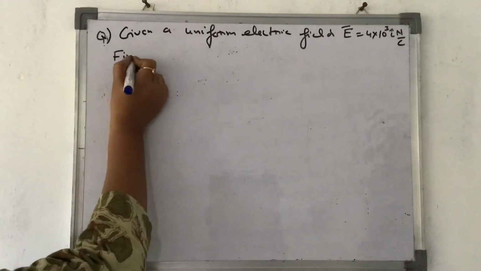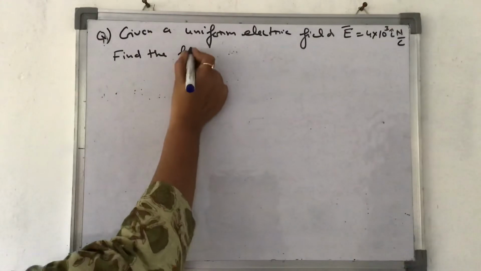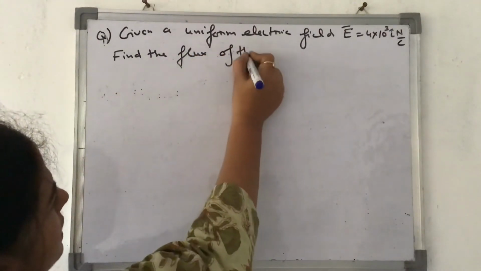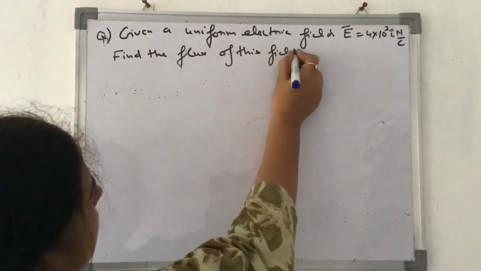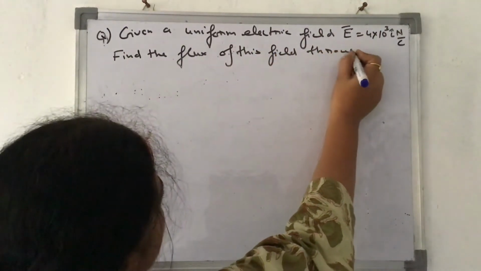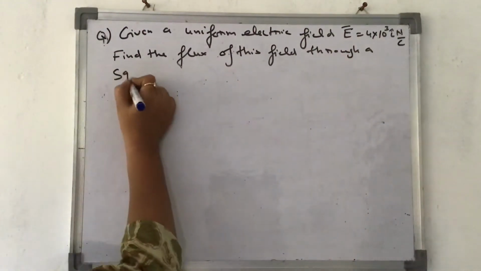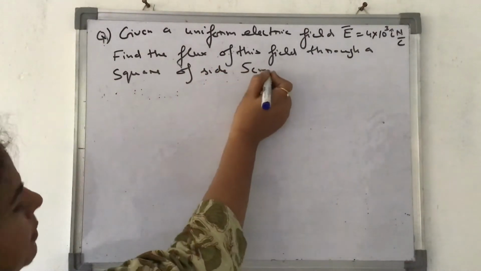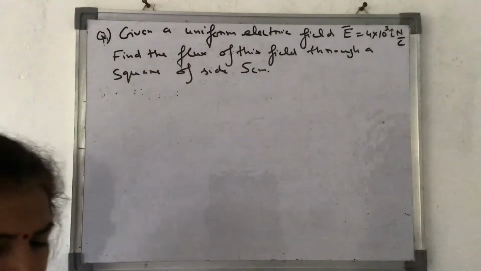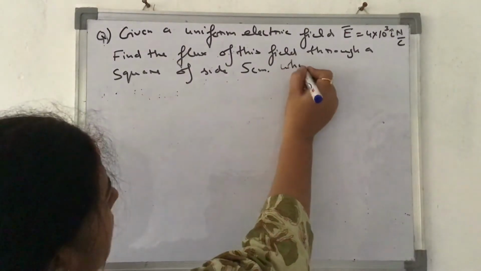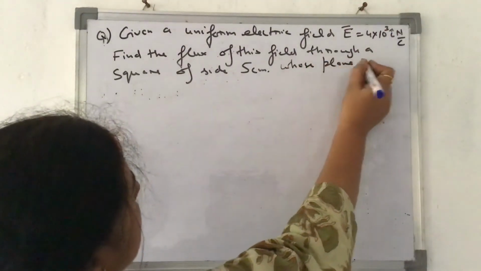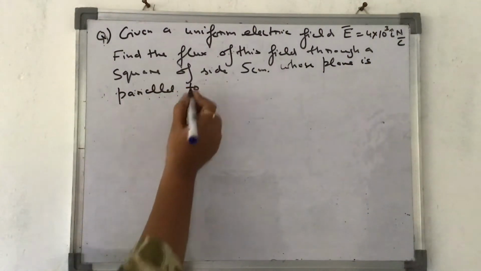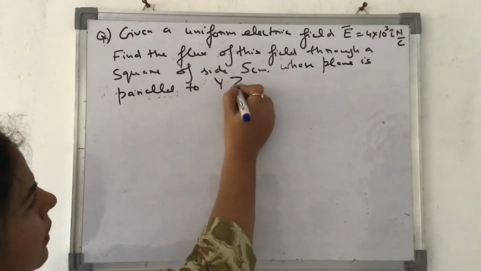Find the flux of this field through a square of side 5 centimeter whose plane is parallel to the YZ plane.